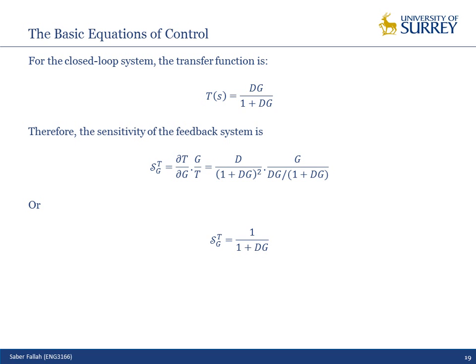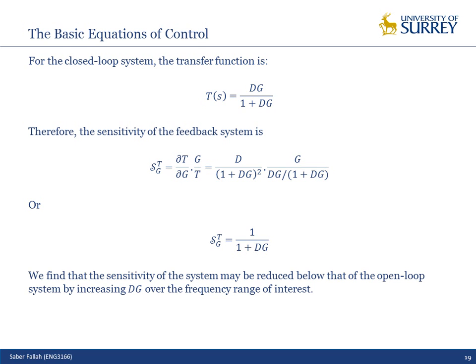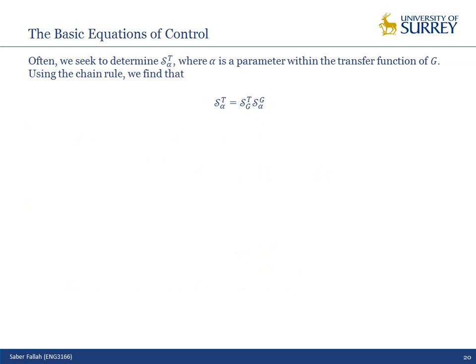Correct? But in reality, we're not looking for the sensitivity of the transfer function against the transfer function of the plant. We are looking for the sensitivity of the system against parameter changes of the system. We want to see how sensitive the system is, or how robust it is, against the parameter changes, not the transfer function change. To do so, I need to use the chain rule.